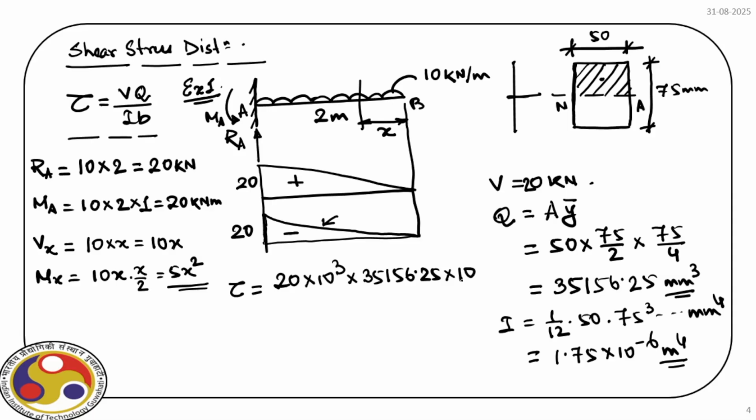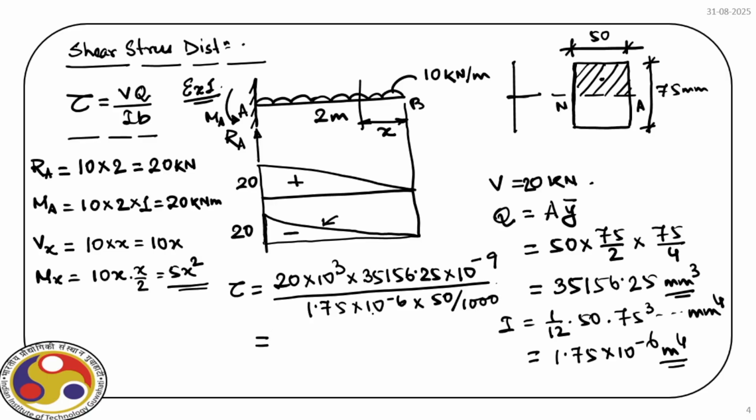So if we convert that to meter cube, we'll have 10 to the power minus 9, divided by I, which is 1.75 into 10 to the power minus 6, into the width B. Width is 50 millimeters, that means 50 divided by 1000.